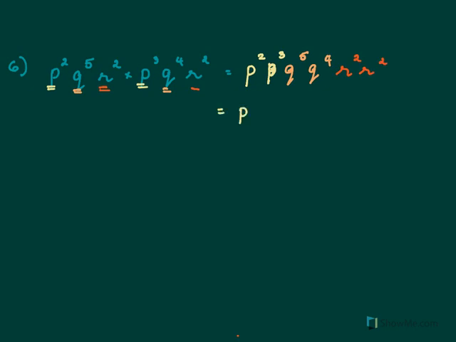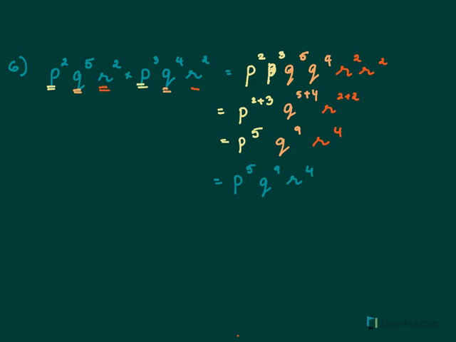So this becomes p raised to 2 plus 3, which is p raised to 5, and then we have q raised to 5 plus 4, q raised to 9, and then we have r raised to 2 plus 2, r raised to 4. So the answer for this one is p raised to 5, q raised to 9, r raised to 4.